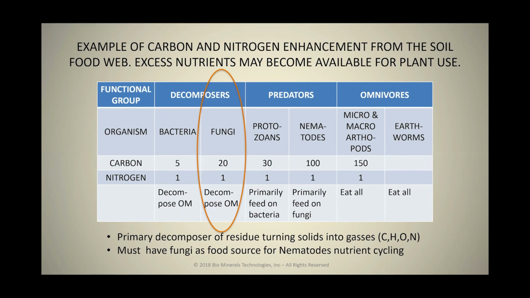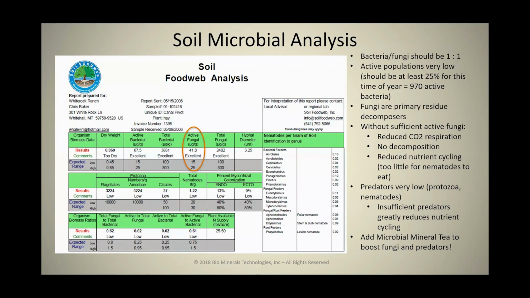So if we look at the fungal group, let's move forward. And this soil Foodweb analysis shows us that we have 41 active fungi, but we have total 2,400 fungi, but they're dormant. They're not doing anything out there.